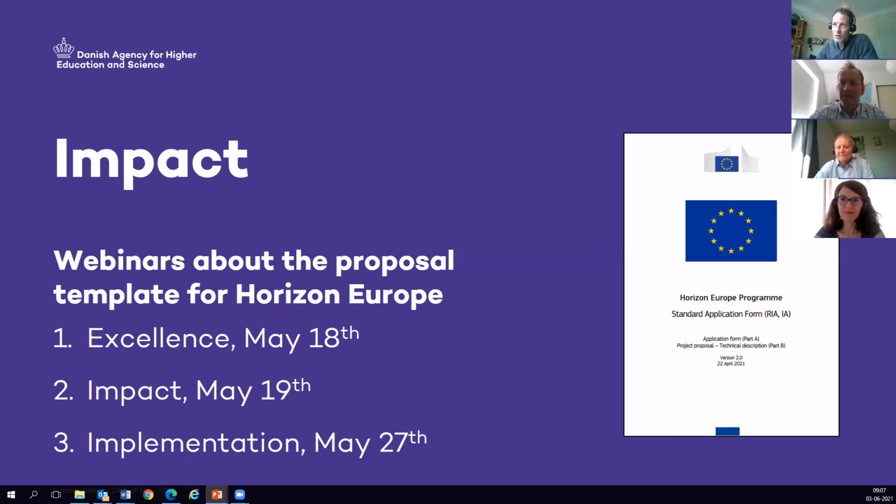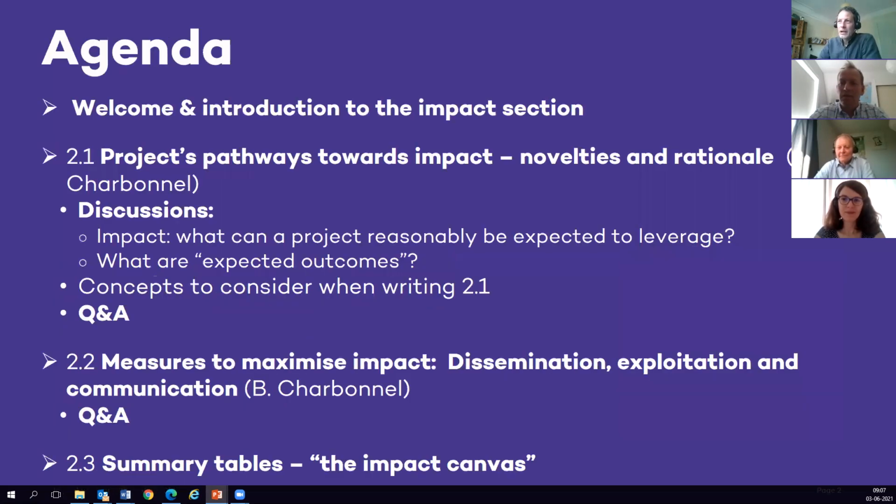Great. So I'll just run you through the agenda. We are aiming to go through all parts of the impact section of the proposal template. We'll go through part 2.1, project pathways towards implementation, and we'll have two presentations today by Bénédicte Charbonnel. The first one on subsection 2.1, and then another one on section 2.2.